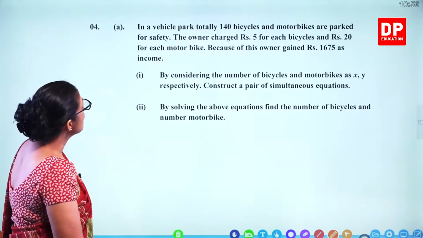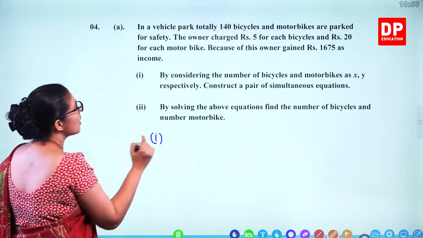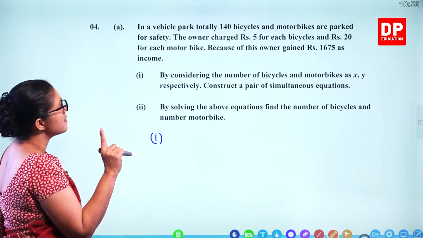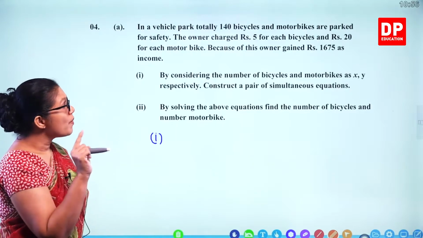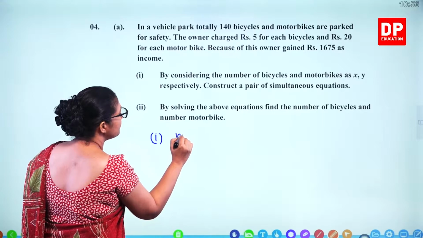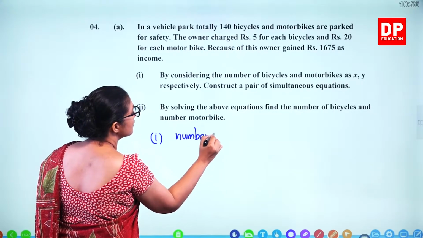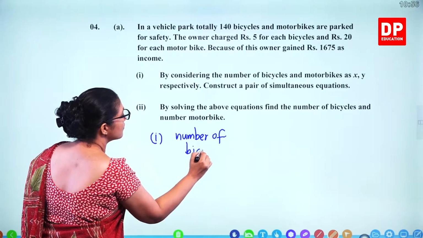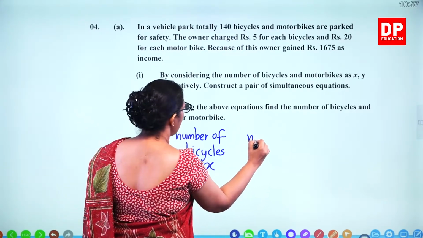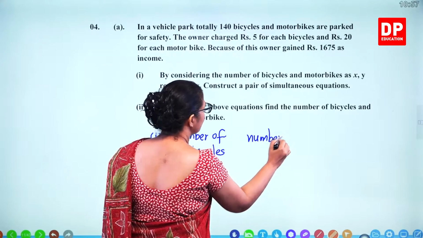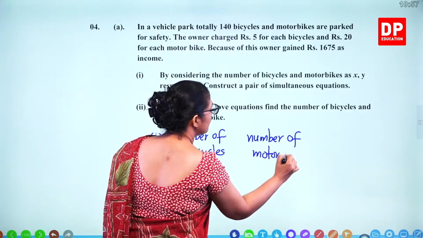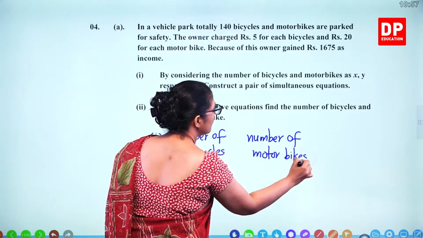So we'll do the first part. Altogether 140 bicycles and motorbikes. So we have to take number of bicycles, x. Number of motorbikes, that's y.